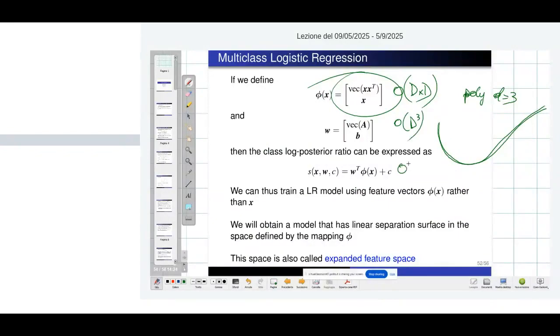If I want a degree 4 separation rule, it becomes d to the power 4. This is the original feature space. So if I want a polynomial separation surface of degree d, small d, then I will have this complexity in the expansion. So computing the expansions can become fairly expensive.